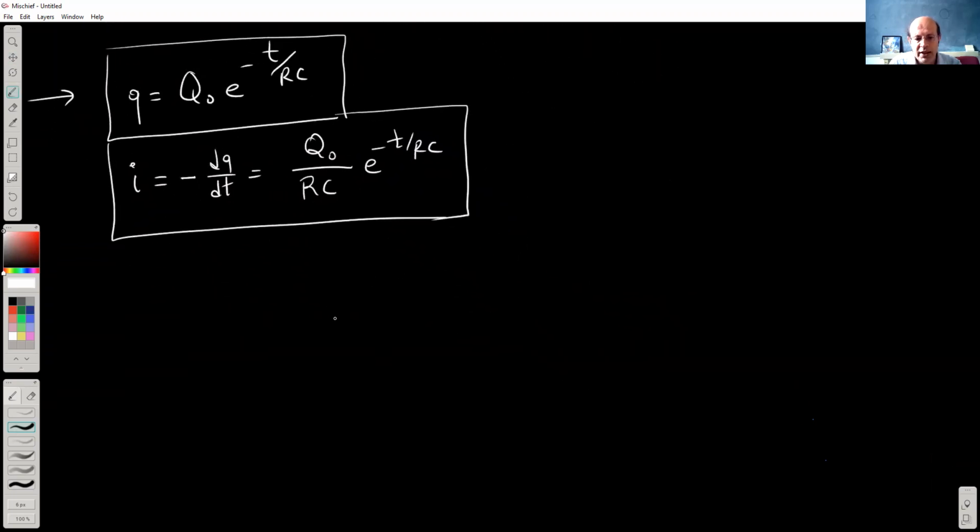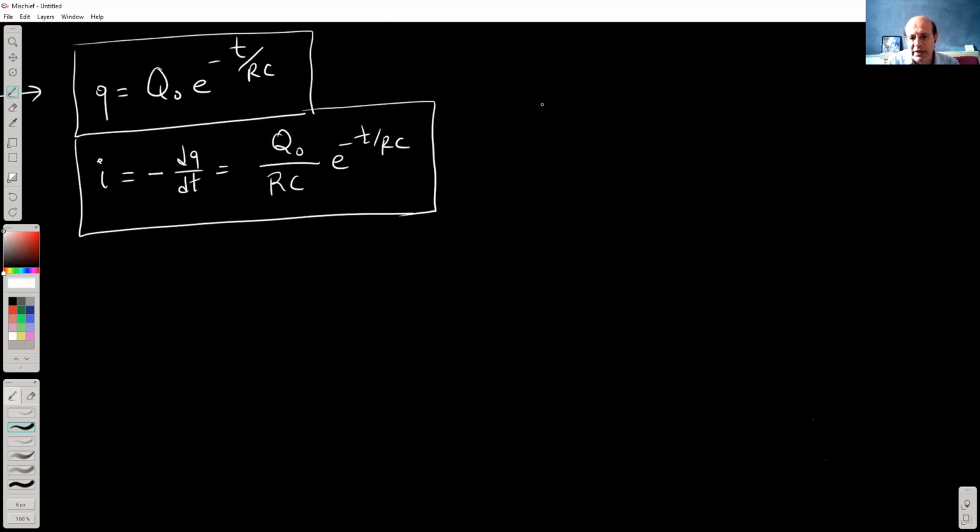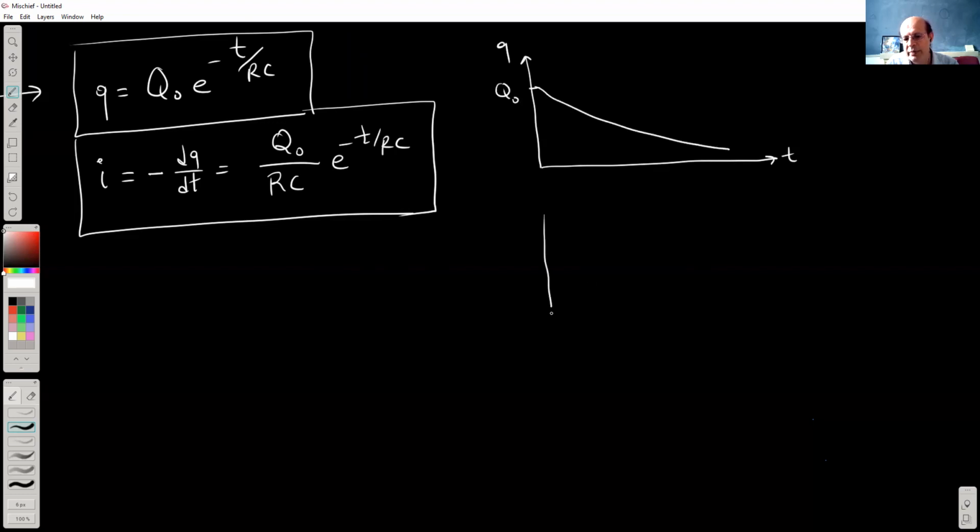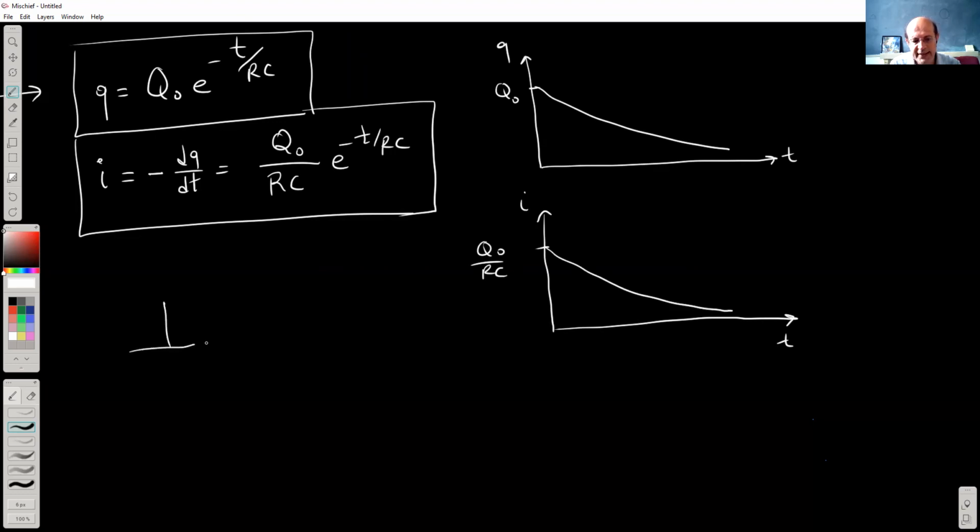All right, let me quickly draw the quantity versus time graphs. So Q basically decreases like that, and the current also decreases like this. I'm also going to draw the circuit as well. Both of them decrease. Let's see, this is the circuit.